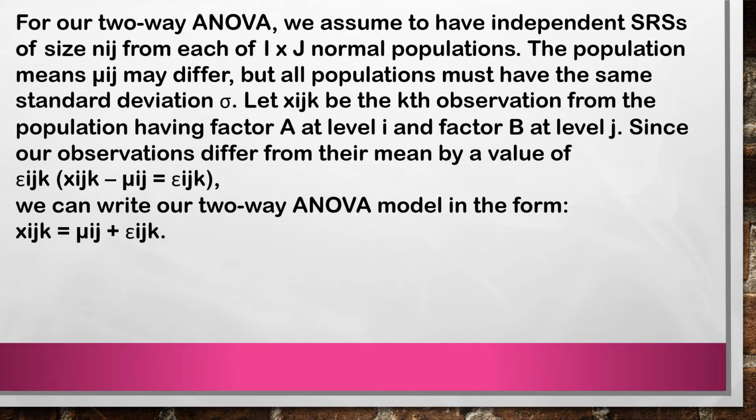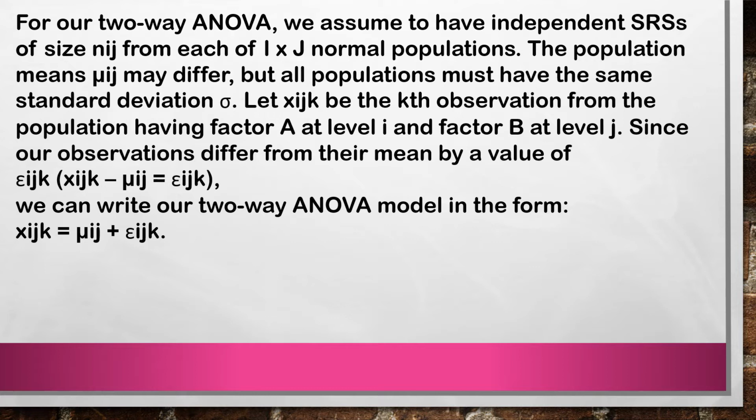For our two-way ANOVA, we assume we have independent SRSs of size n_ij from each of I×J normal populations. So the population means mu_ij may differ, but all populations must have the same standard deviation. Let x_ijk be the kth observation from the population having factor A at level i and factor B at level j.